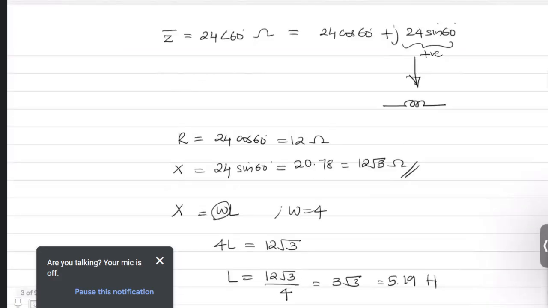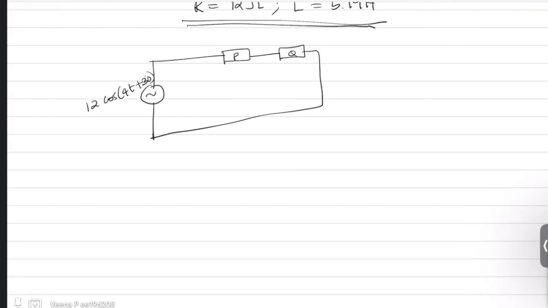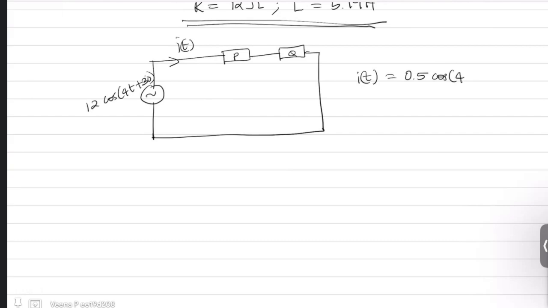So let it be the same circuit, which is 12 cos 4t plus 30 is your supply and you have P and you have Q. But now the current in your circuit is 0.5 cos 4t plus 60. If it is plus 30 then both are in phase. So I am taking it as plus 60.